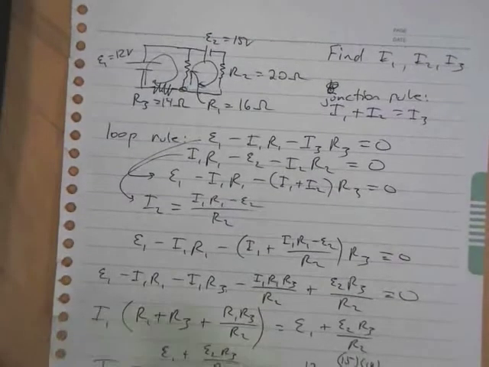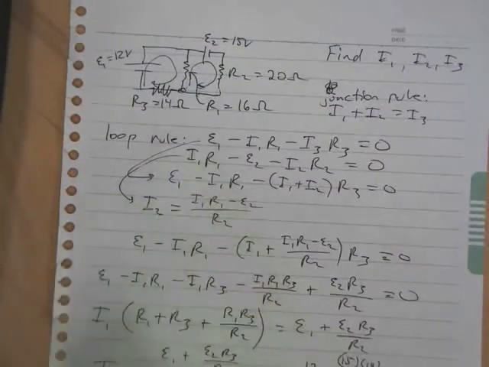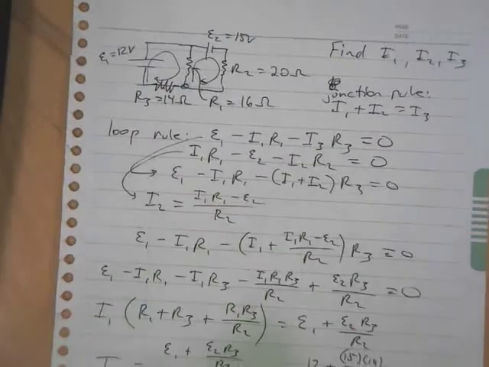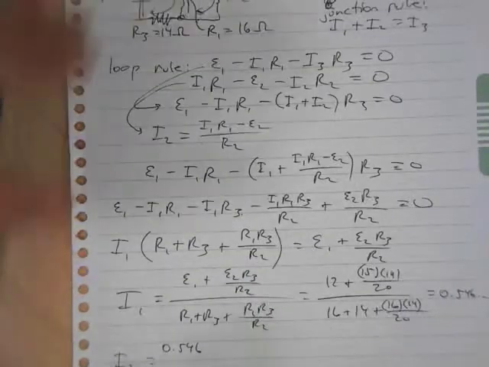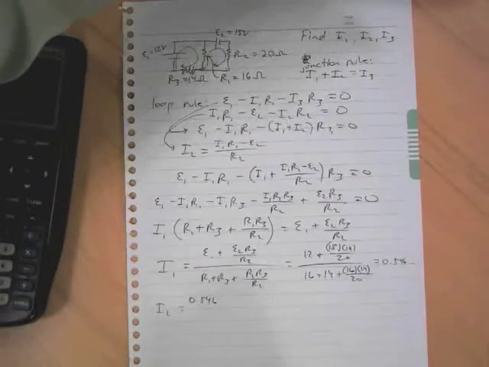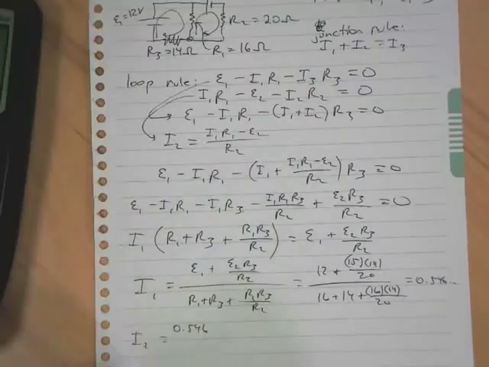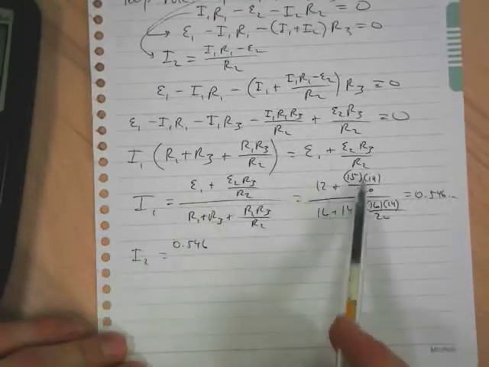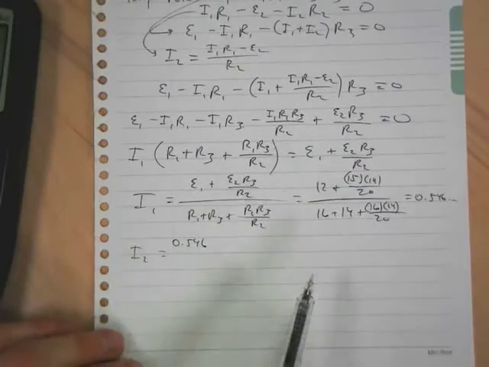And then I2, following that, is equal to I1, 0.546. Oh, I've gone off your screen. My bad. So this is what was going on here. This is just doing some algebra, plugging in the numbers. We get 0.546.